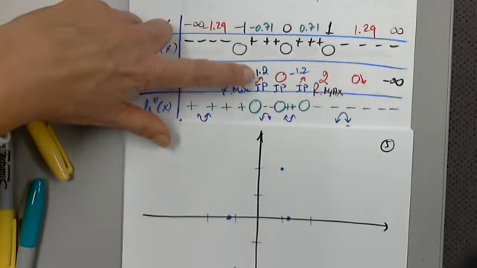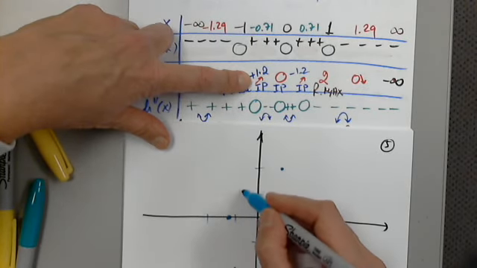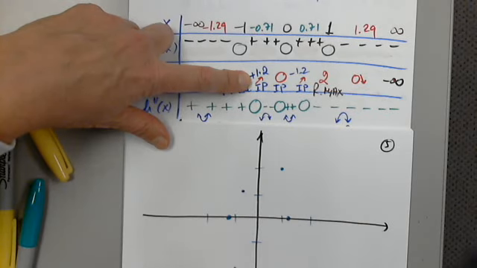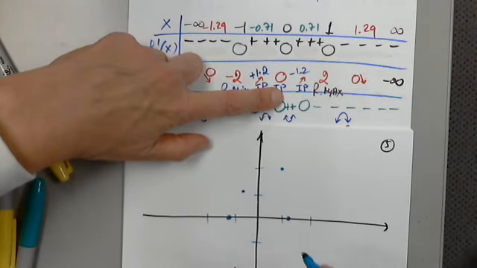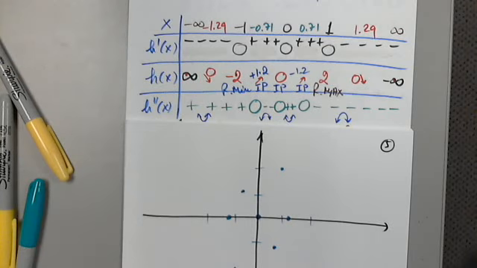Then negative 0.71, 1.2. And 0.71, negative 1.2. And of course, 0, 0.